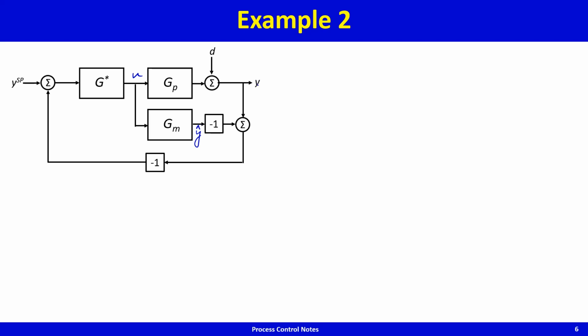This is actual Y, this is Y predicted, and if the model is exact, then Y minus Y predicted is an estimate of the unmeasured disturbance. The hat is indicating an estimate or from a model. So this disturbance estimate is fed back in a negative feedback loop to this controller, and this is the internal model controller control structure, block diagram structure.